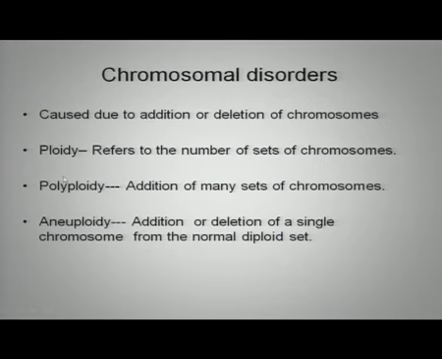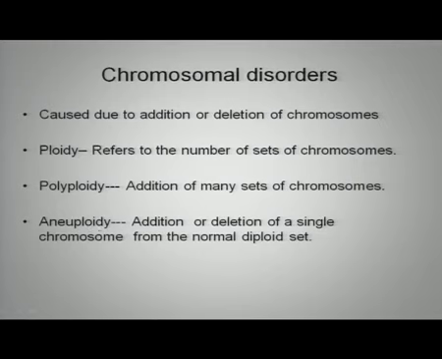If an individual possesses only one set of chromosomes, then it is haploid. If it possesses two sets, diploid. If it possesses many sets, more than two, then it is polyploid. So, polyploidy means the presence of many sets of chromosomes in an individual.